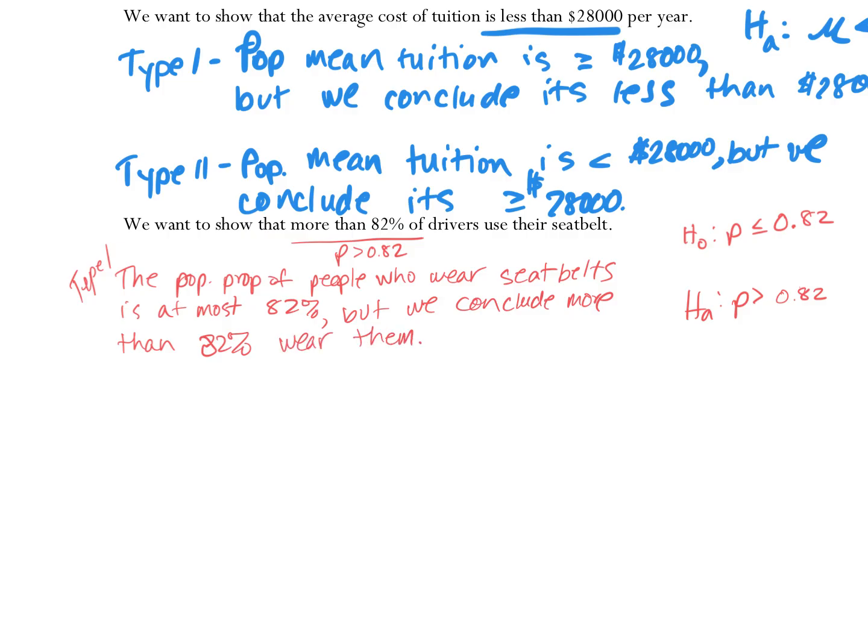Again, so type 1, I describe the null hypothesis as being true, and then I say, but we conclude the other. Okay? Type 2, I describe the alternative hypothesis as being true.